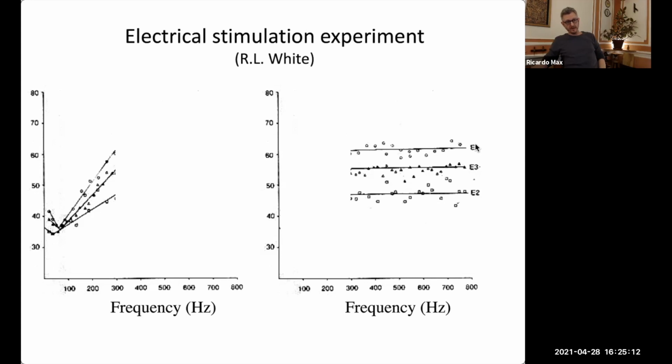So apparently, if this electrode was all the time, irrespective of the frequency, this electrode, every time it was activated, led to a perception of a high frequency, it means that it was close to the base or to the apex.